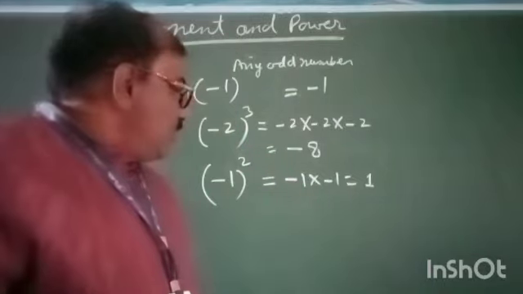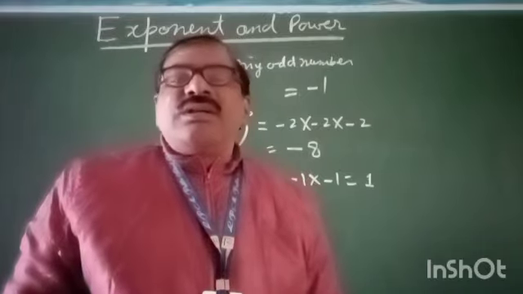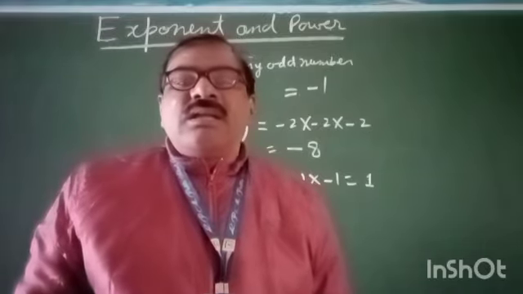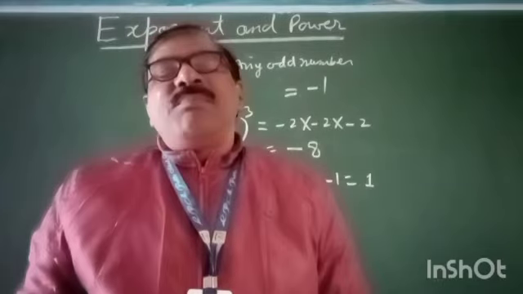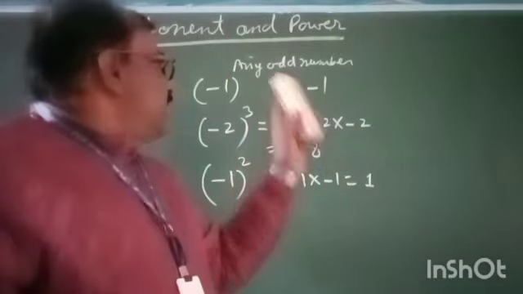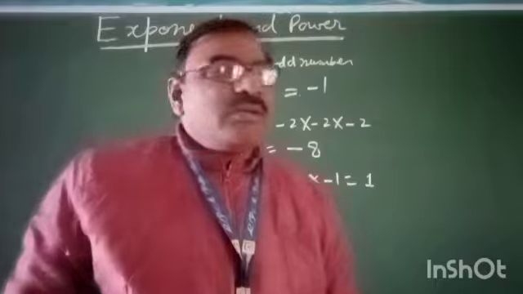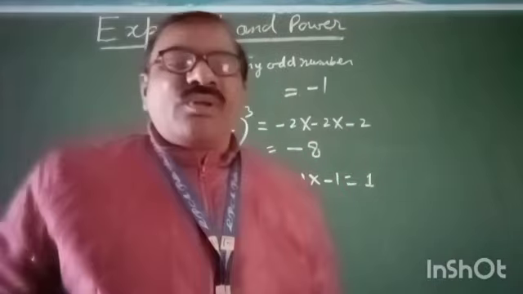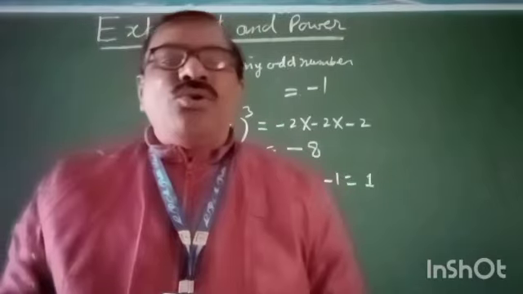It means if the power of any negative integer is even, then I will get a positive integer, and if the power of any negative integer is an odd number, then we get a negative integer. So dear students, I hope this is clear to you.